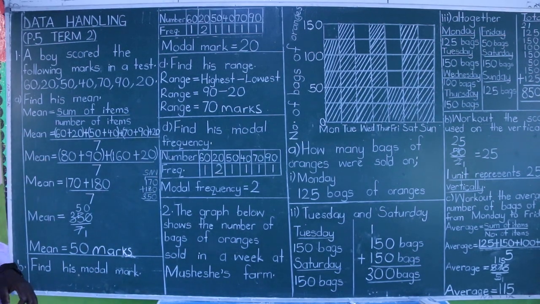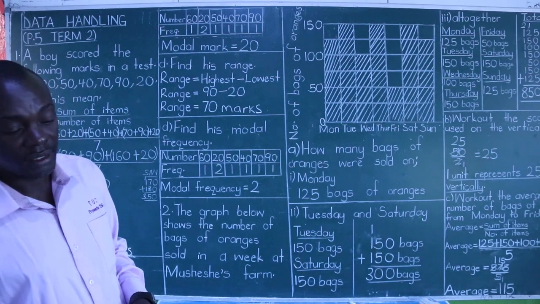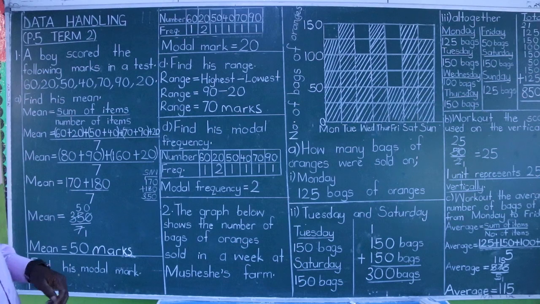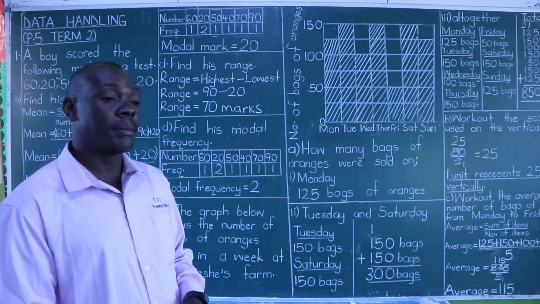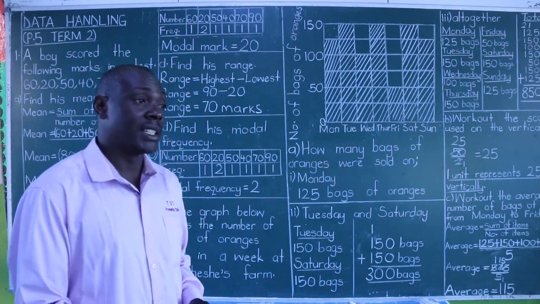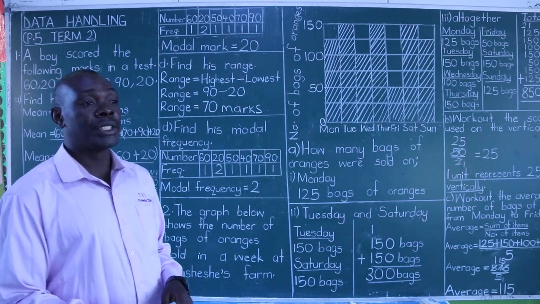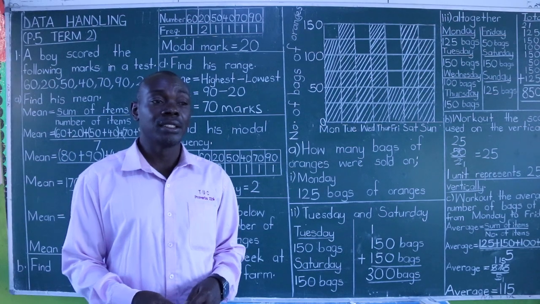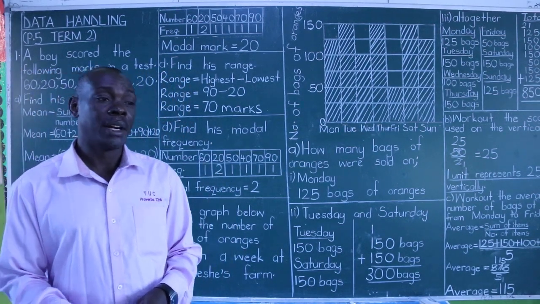Mean is also known as arithmetic mean, again known as average. So when you see the word arithmetic mean, it's the same as the question mean, and it's the same as average, whereby the mean is found by adding all the items and dividing them by their number.